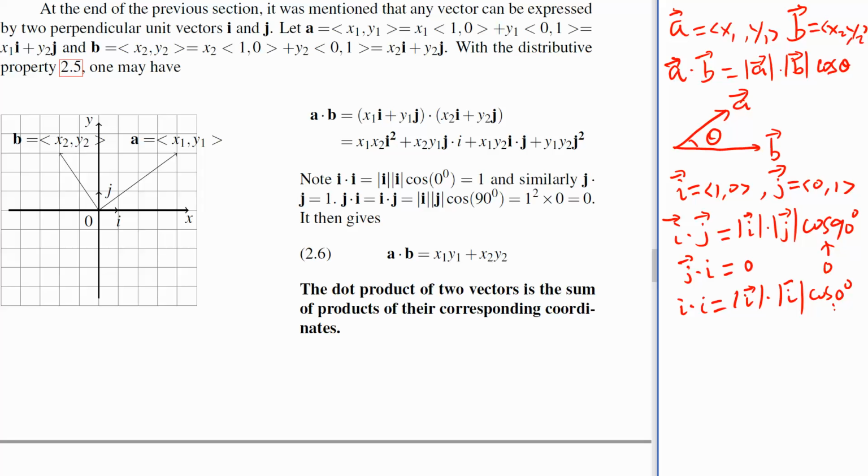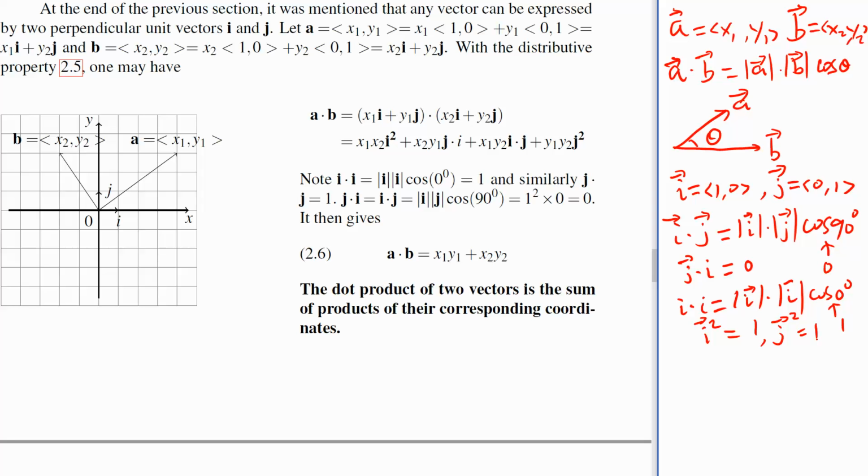Cosine 0 is 1, don't forget. And length of I is 1 times length of I is 1. So finally what you get is 1. So I times I, let's say it's I squared, is 1. This vector squared. So is the case for J. Vector J squared is 1. Okay, those are good examples for the unit vectors I and J.